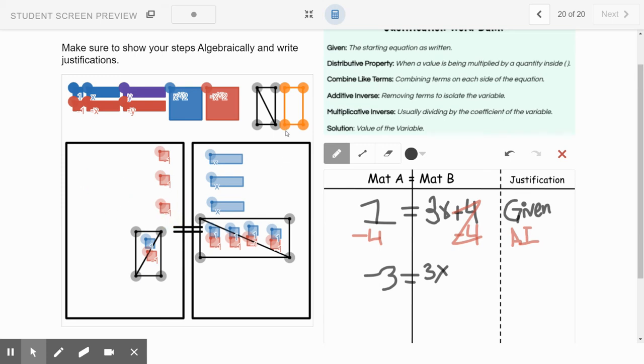And what that allows me to do is make 3 equal groups on mat A and mat B. That's 1 equal group, 2 equal groups, 3 equal groups. Now, the big thing to remember is your groups have to be equal, because what we're really doing is dividing by the coefficient.